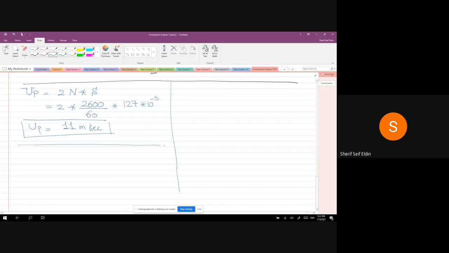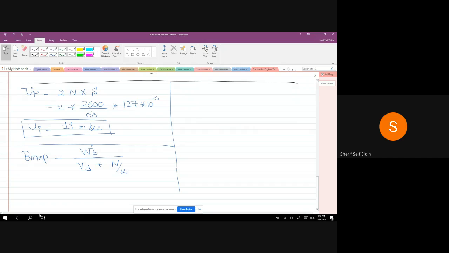The second thing is the brake mean effective pressure. As I told you, the brake mean effective pressure is the brake power over displacement volume multiplied by N over 2. It's 4-stroke, so it's going to be N over 2.